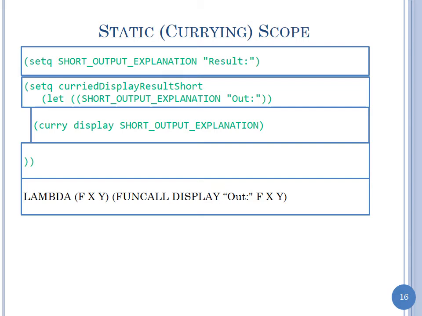So I said FUNCALL display, and evaluated the short output explanation, and put the evaluated value there. Make sense? So this is not going to quite work. But let's go along with this idea of putting the stored value there. Can you think of a reason why you shouldn't put out directly there, you should put something else there?